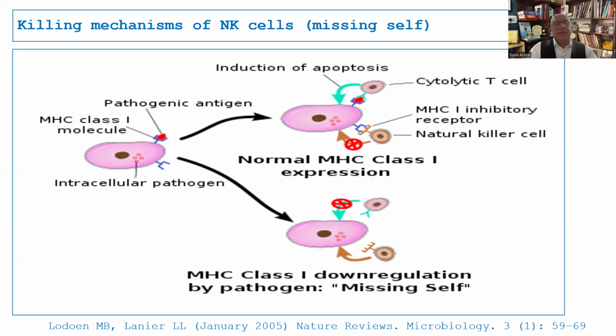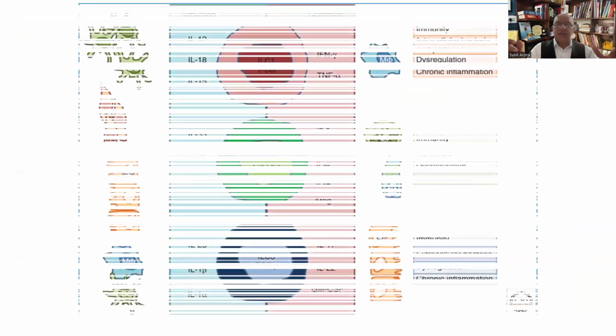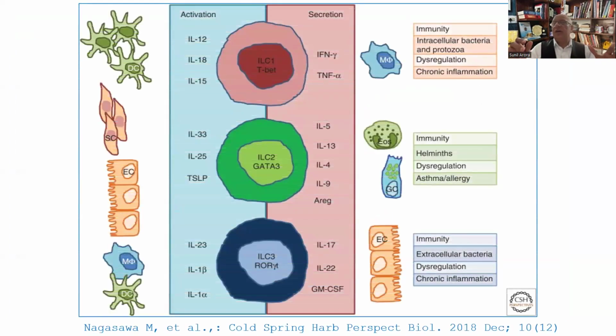Then we have innate lymphoid cells, which are tissue resident lymphoid cells. They look like lymphocytes, but they do not express any antigen specific receptors, and they crosstalk with the resident tissue cells via cytokines in that microenvironment, and they secrete cytokines that regulate innate immunity. Three types of such cells have been recognized.